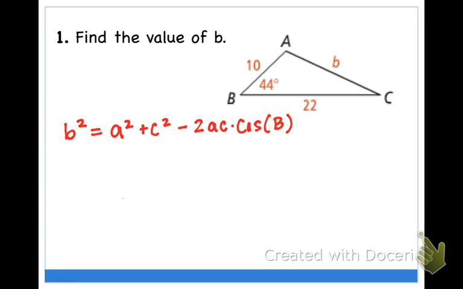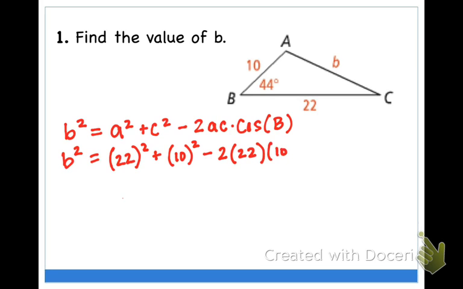So what I want to do now is I just want to fill in what I know. I don't know B, so that's going to stay as B squared, but I know what A is. A is the side across from angle A, so that's 22. So this is going to be 22 squared plus side C, which is 10 squared, minus, and this is where I want to be a little careful with my parentheses, 2 times 22 for that side A times 10 times cosine of angle 44.